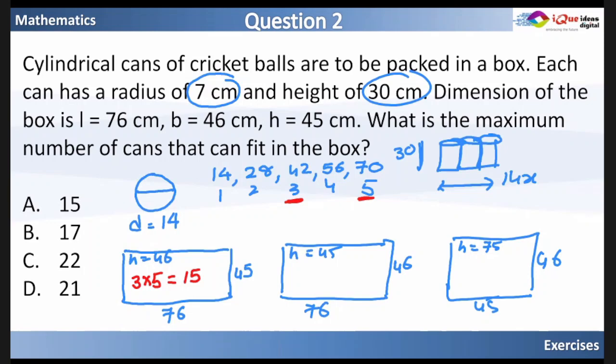In the second one also, 45, 46 doesn't make much difference. So 3 multiplied by 5, which is equal to 15 cans, again can be stacked. And in the third one, because it is 45 by 46, I can only stack 3 multiplied by 3, which is equal to 9 cans.